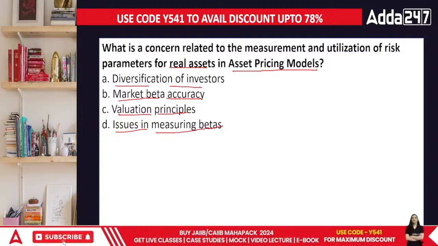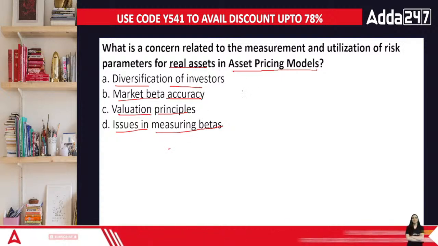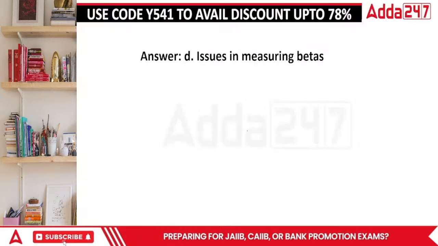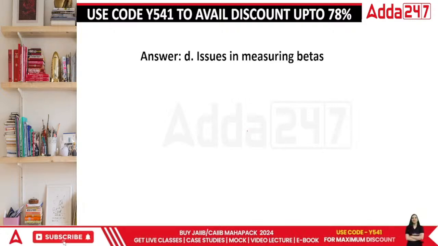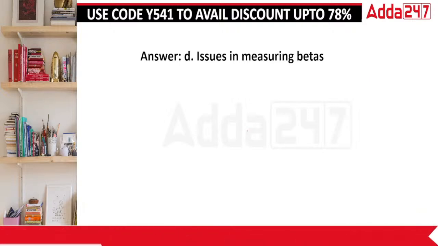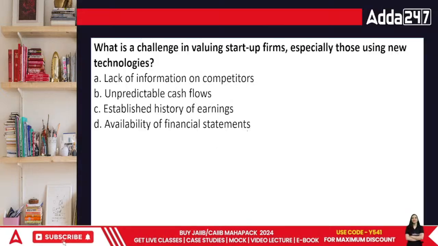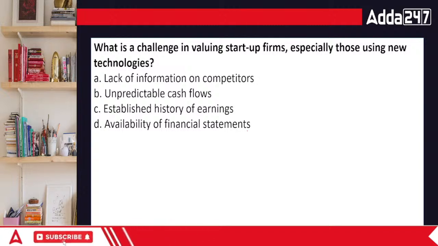Now, this is talking about CAPM. Again, when we're talking about the CAPM, the one particular thing that we are worried about is the issues in measuring the beta. The risks are too much and they are non-diversifiable. When they are non-diversifiable, it becomes a little difficult to understand that part. So, issues in measuring the beta. What is the challenge in valuing the startups, everyone?